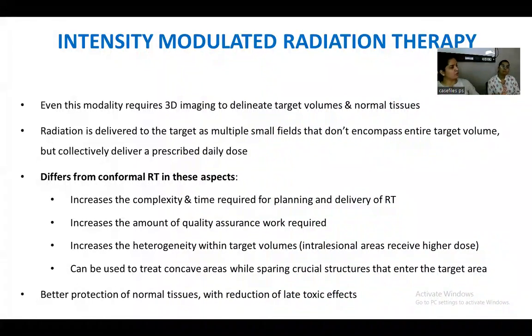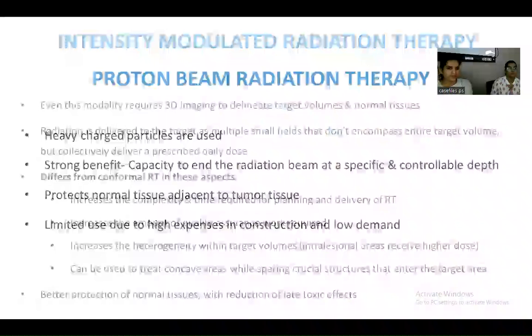Suppose your tumor volume is there, some part of the tumor will be highly reactive, some part of the tumor will be less reactive. So one part requires a higher dose, another part requires a lower dose of radiation, which can be modulated with this therapy. It can be used to treat concave areas while sparing the crucial structures that enter the target area. It provides better protection of normal tissue with reduction of late toxic effects.